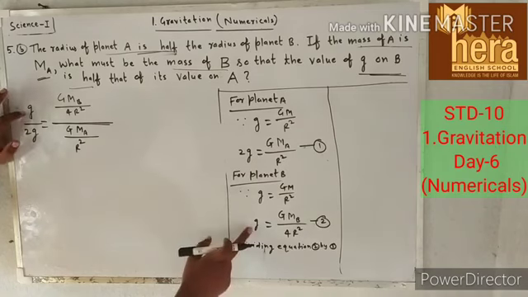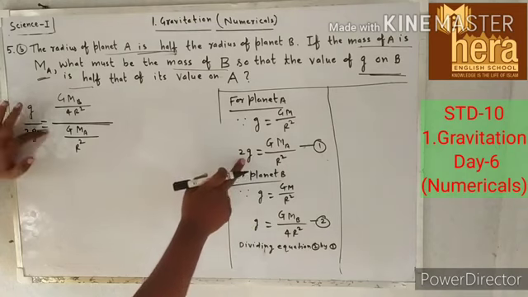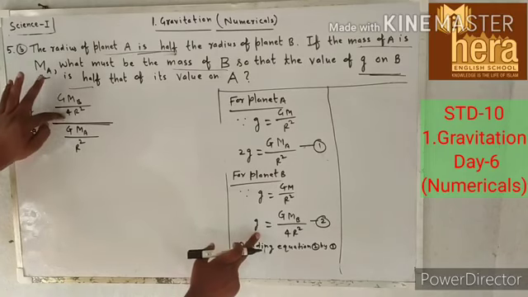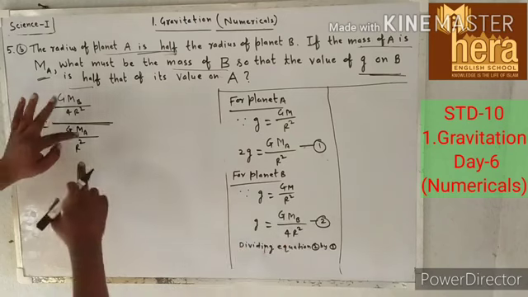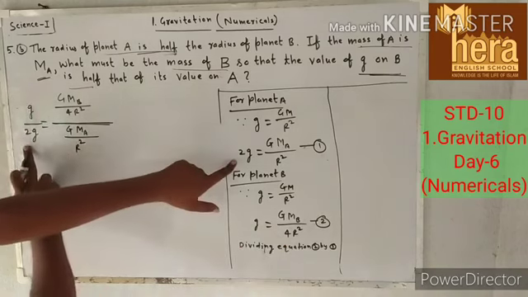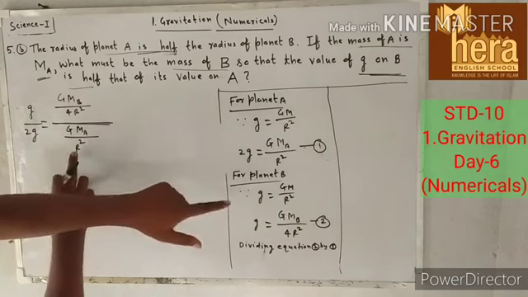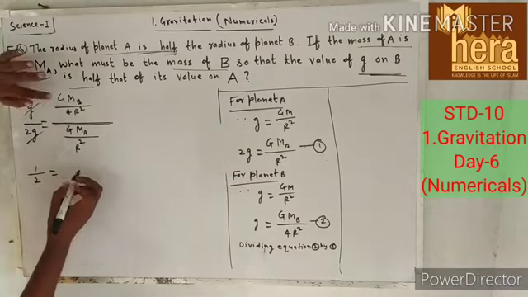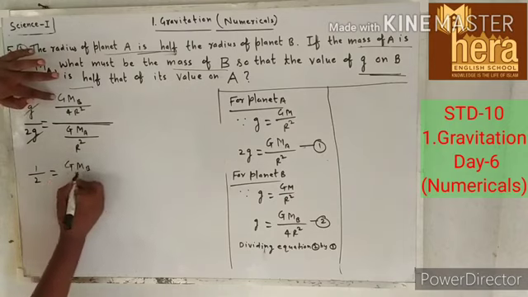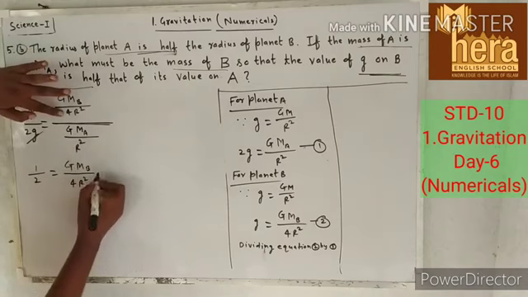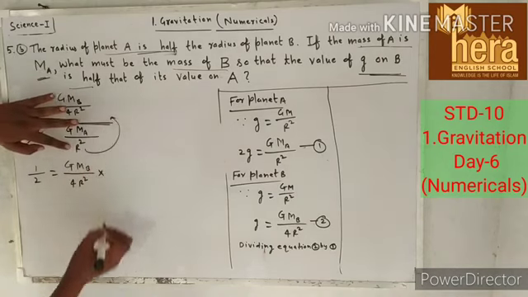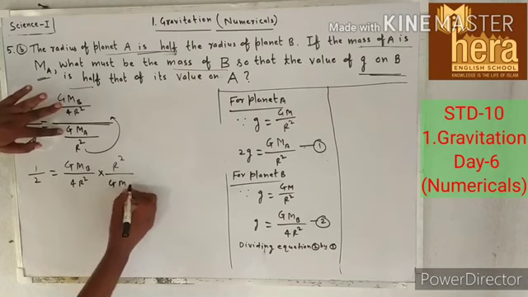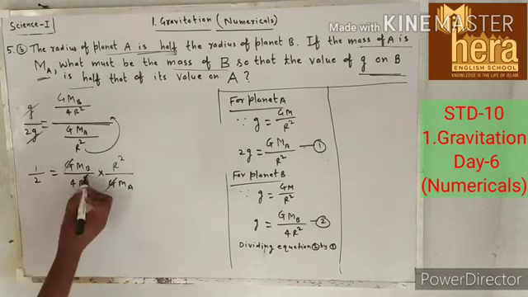Equation 2 by 1: g upon 2g is equal to, this is the main line, G MB upon 4R square upon G MA upon R square. The 2g equals GMA upon R square, this comes here, so R square upon GMA. G cancels, R square cancels.